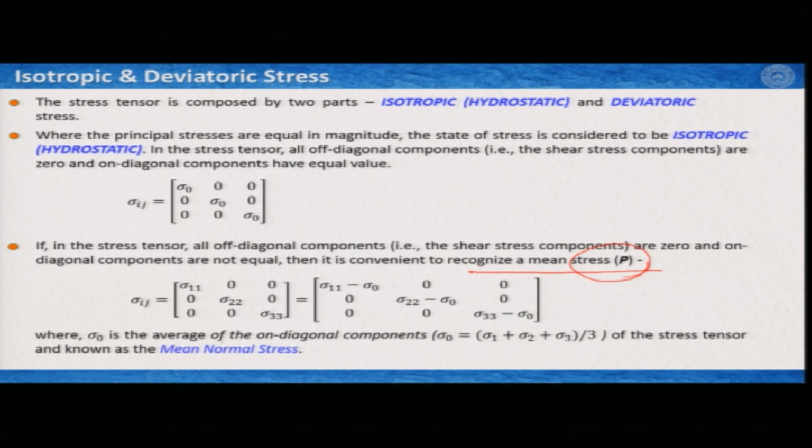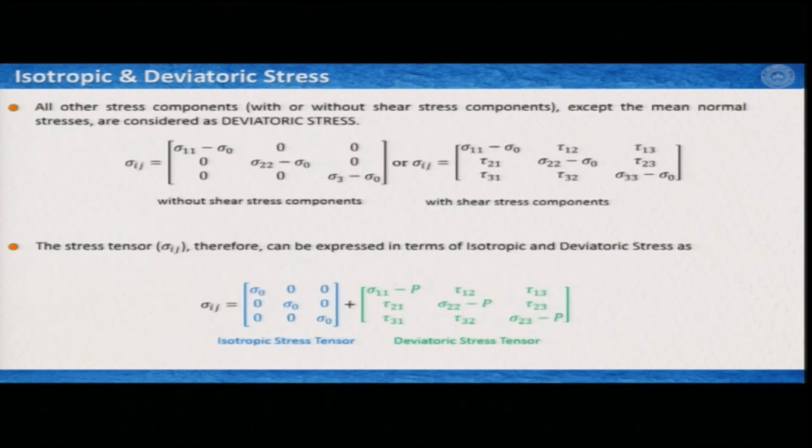So, if I have these non-equal values, sigma 1 not equal to sigma 2 not equal to sigma 3, in that case I can sum them and then divide them by 3, and therefore I get something called sigma 0. I can separate this out and then write the stress matrix in this way.